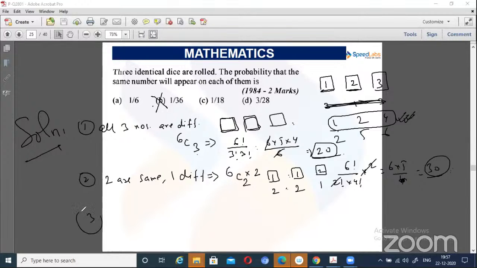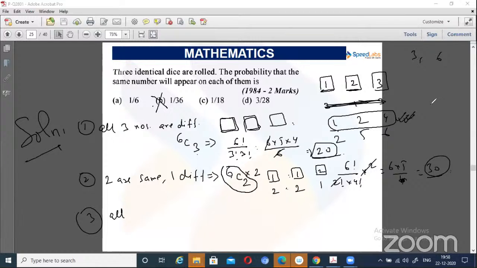Sir, for the one that is different, won't we write its combination? As we have written for the two same, shouldn't we write 4C1 into 4C1, like one is different? No, see what I did was I chose two numbers from six numbers, 6C2. So that gave me two numbers. It can be 3 and 6, right? First I chose the numbers.